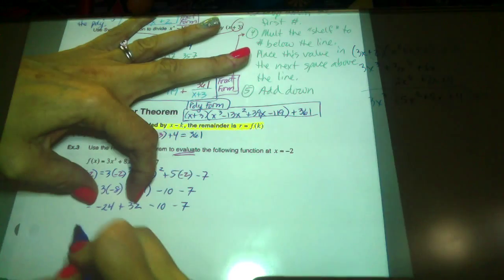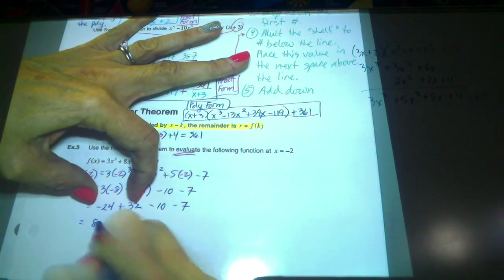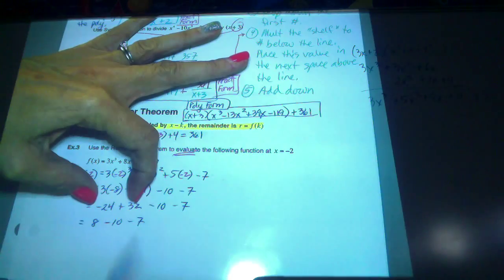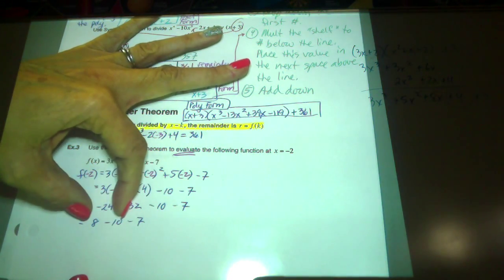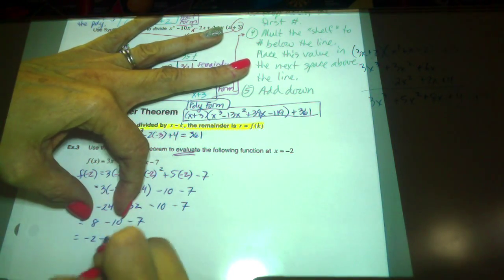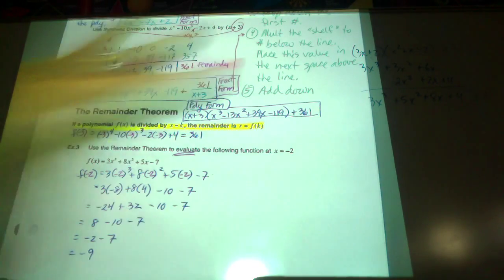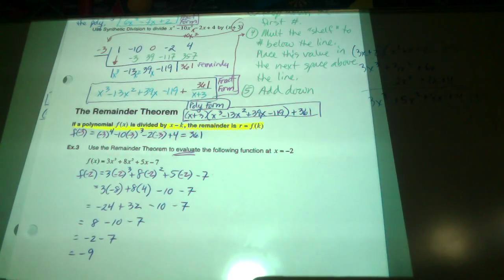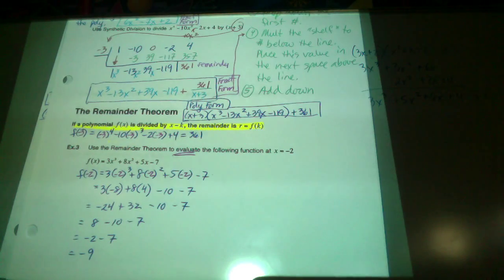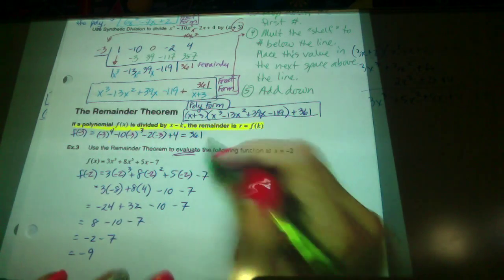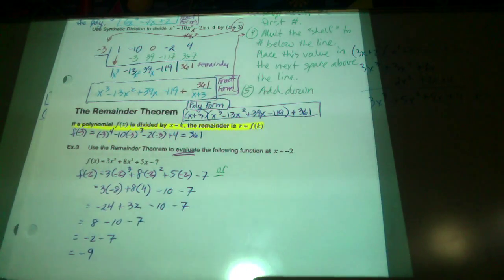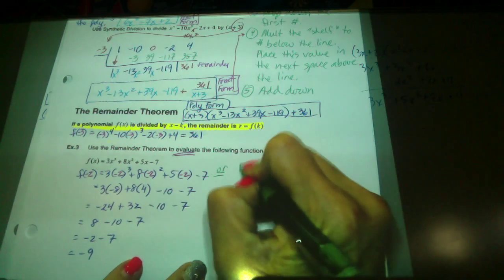These two give me a positive 8, minus the 10, minus the 7. These two give me a -2 minus 7, which finally gives me a -9. Could there be cause for error there? Sure. So, or what the theorem says, instead of doing that, let's use the remainder theorem.